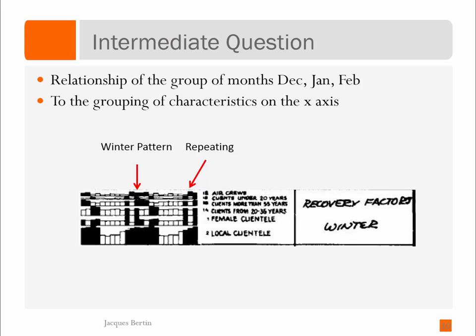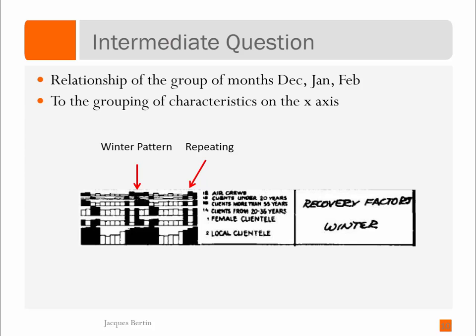And as I mentioned, we can group characteristics either on the X or the Y axis. If we look at some of our different groups that seem to have this consistent pattern, we see air crews, young clients, basically minors, as well as older clients that may be over 55 years old.